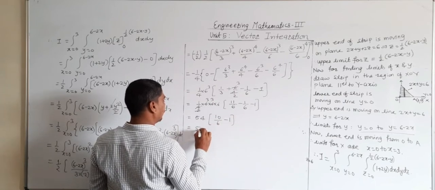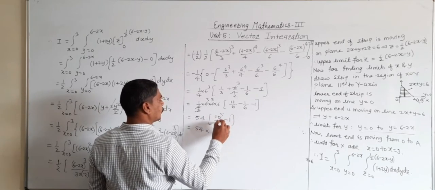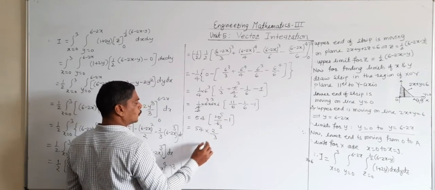So this is equal to 54 into 5 divided by 3, and using cross multiplication we get 5 minus 3 upon 2, which is 2 upon 3.